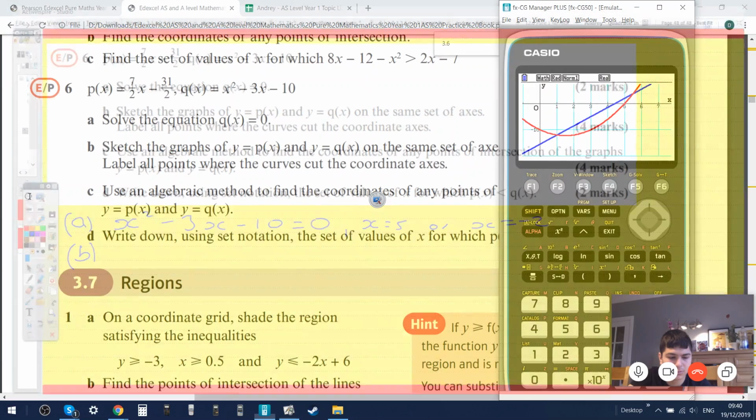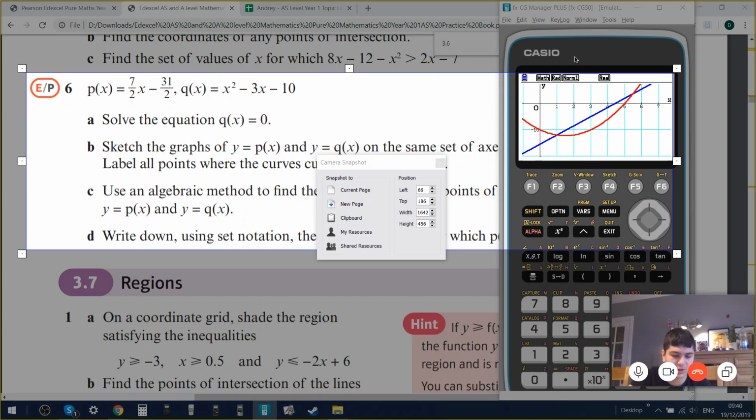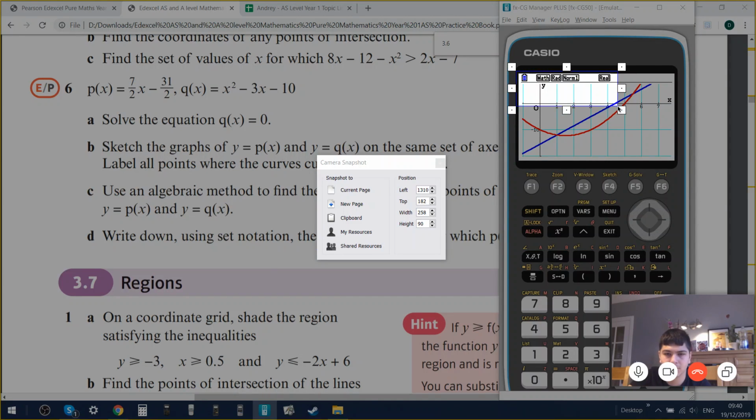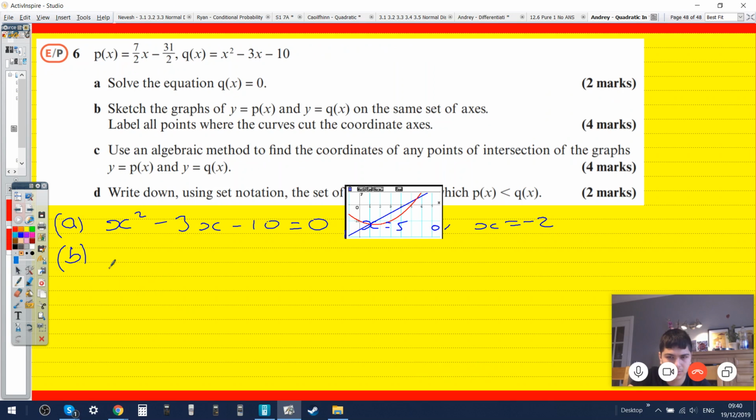So do I now need to do like shift G solving whatever? Yep. And then I need the y-intercept, don't I? Yeah.